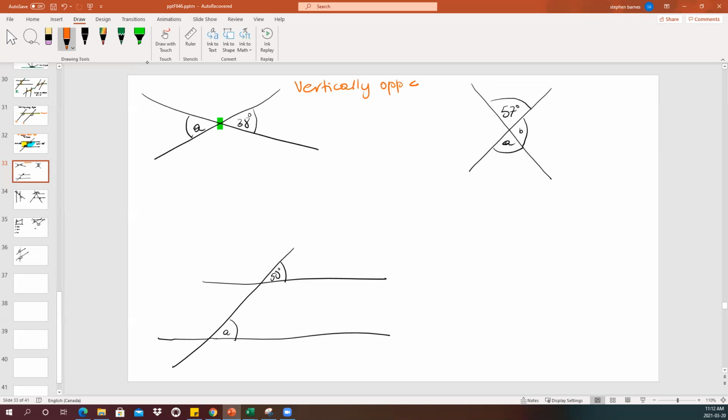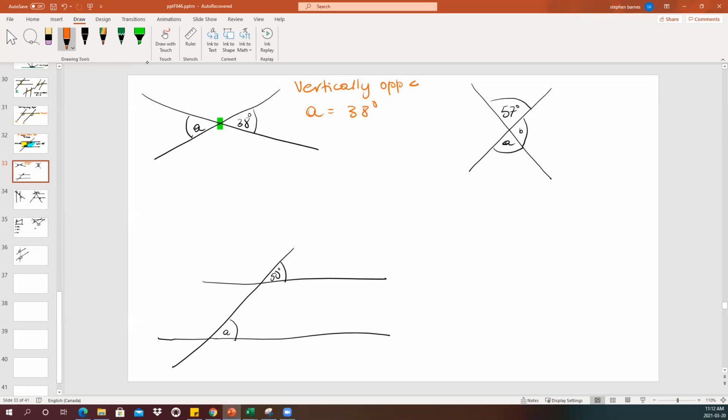So vertically opposite angles are equal. So A is equal to 38 degrees. It's as simple as that, because vertically opposite angles are equal. Clear? Yes, miss. Great.